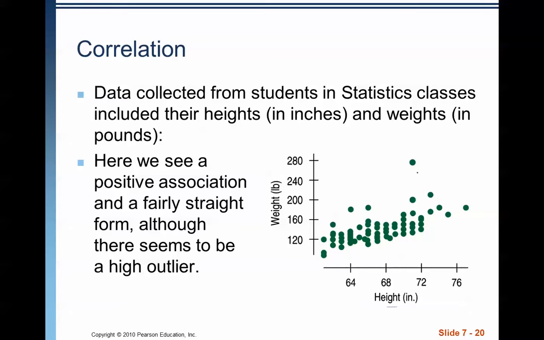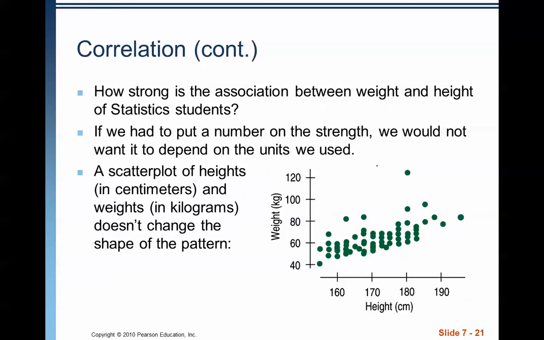We don't know for certain, but there's likely an outlier right there. But what can we say about the strength of this? How strong is it? If we had to talk about strength, what kind of number would we put? Can we quantify how strong an association is between two variables with a number?